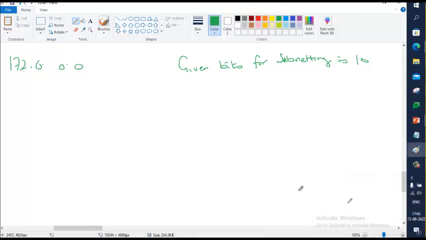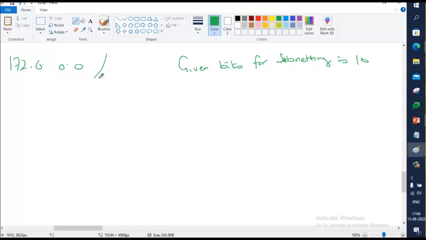Do it. Tell me, what will be the CIDR? CIDR will be 255.64.0.0. CIDR should be a number less than 32. How many bits? That is what CIDR is. I did not ask you subnetting.